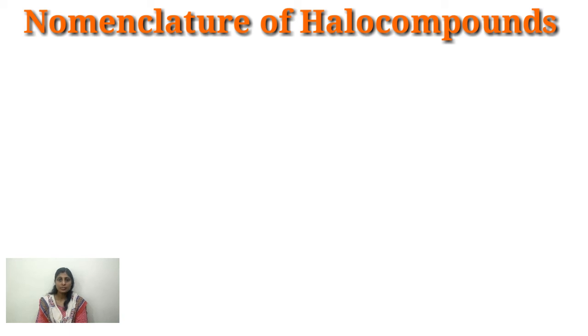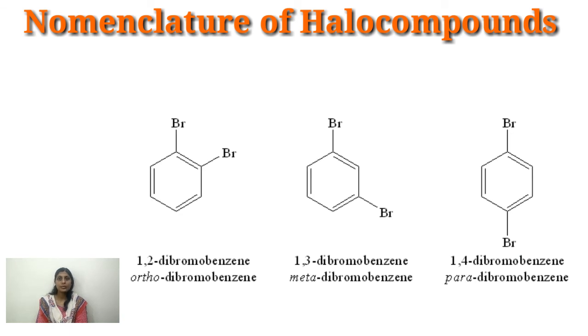For common naming of dibromobenzene, we have to consider three different names, that is ortho, meta and para. Ortho position means the substituents are present on the first and second carbon atoms. So that is 1,2-dibromobenzene, commonly known as ortho-dibromobenzene.